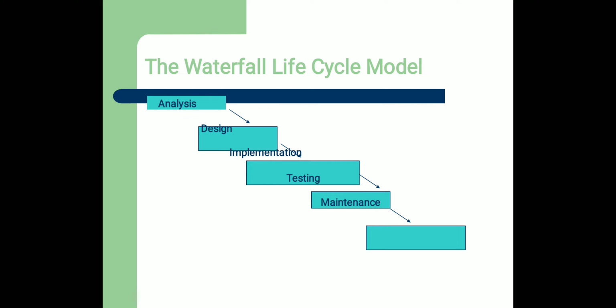After writing the source code, you go for the test. Each source code has parts, called modules, and each individual module is tested by some people. After that, you go for the integration testing.